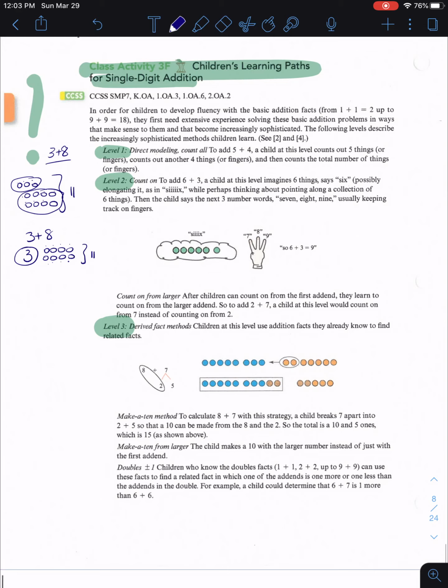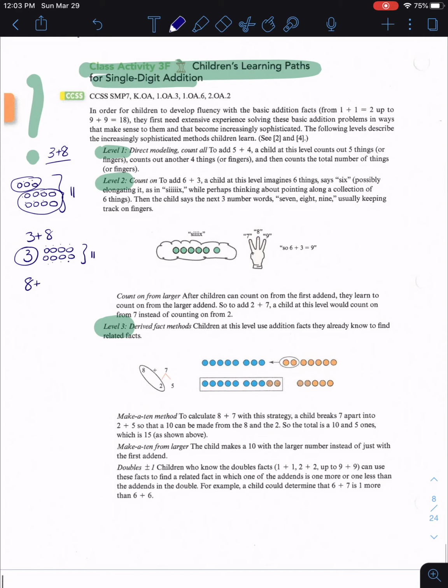They won't recount the 3, but they will say 3 and then count 8 more. And often they'll use fingers. So they will put up 8 fingers and then count up until they get to having those 8 fingers all counted.